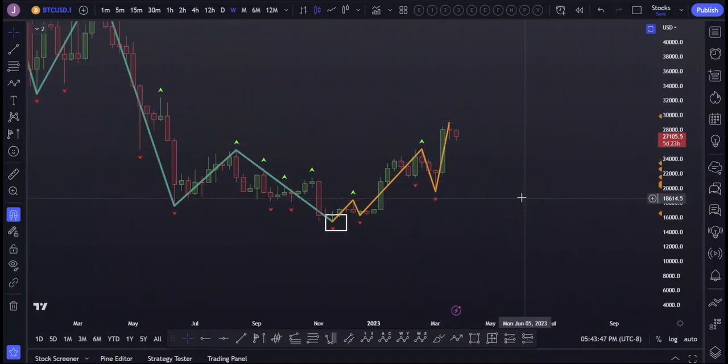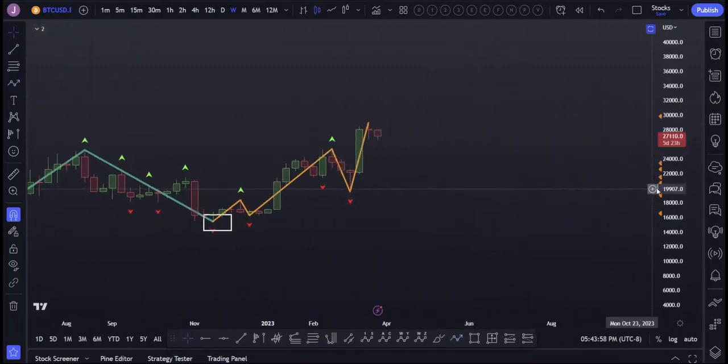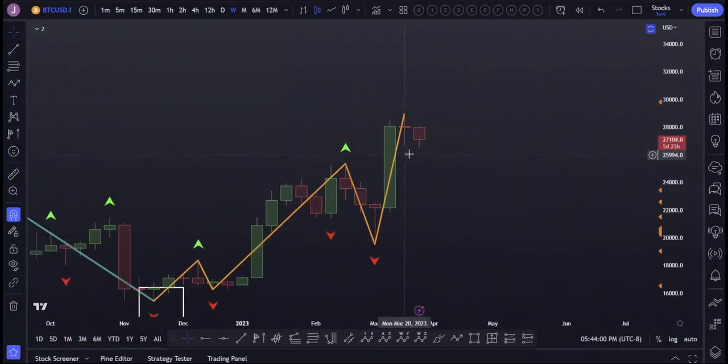So what would give us the heads up that market structure is now shifted again back to the downside? Well, if we were to start dropping from here, let's zoom in just a little bit. You can see right now there's a low and there's another low right there again on the weekly time frame, right? 2 lows.